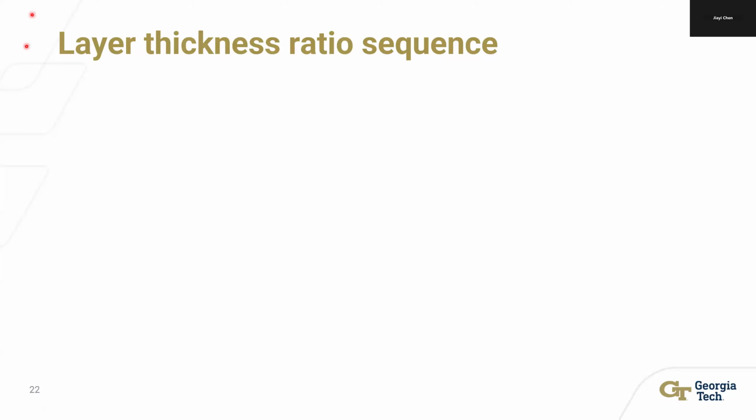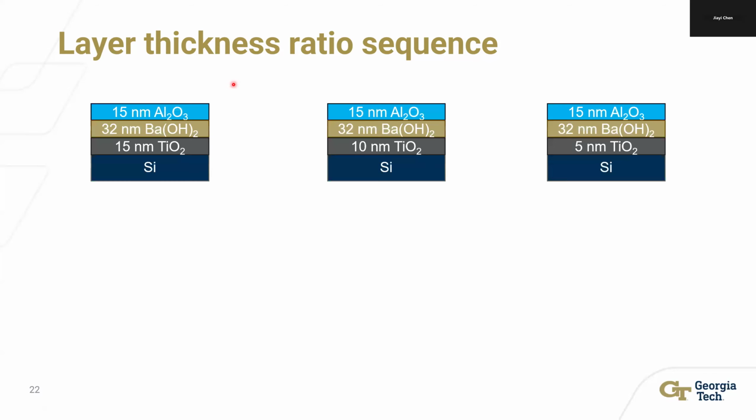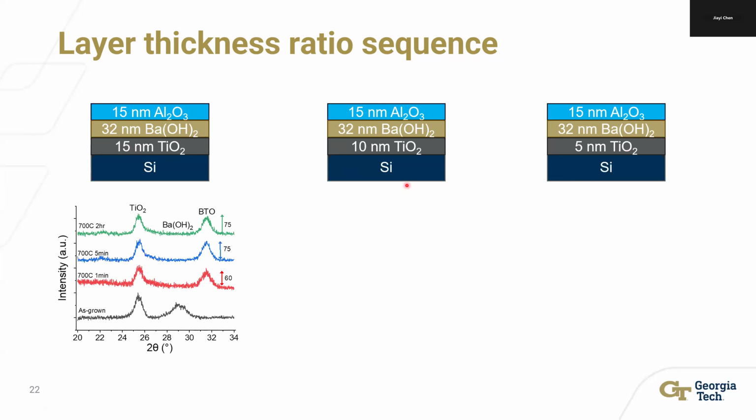And we change the reactant ratio by layer thickness. Basically we keep the thickness of barium hydroxide the same, and we decrease the TiO2 thickness from 15 to 10 and to 5 nanometers in these three structures. And we take the XRD of the as-grown sample and the annealed sample.